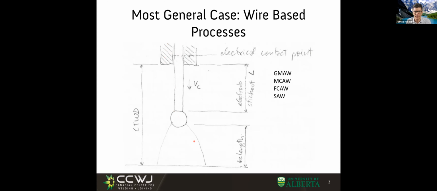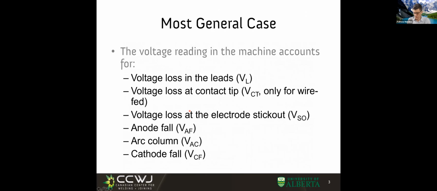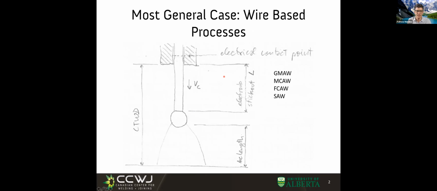You have already seen this, but I want to bring up some concepts that are very important. One is here where I put electrode stick out, or some people call it the electrode extension, which is how much it goes out from the contact tip to the droplet. Now, where exactly this finishes is not all too clear, but the droplet in general is much smaller than the stick out, so I'm not going to nickel and dime over that.